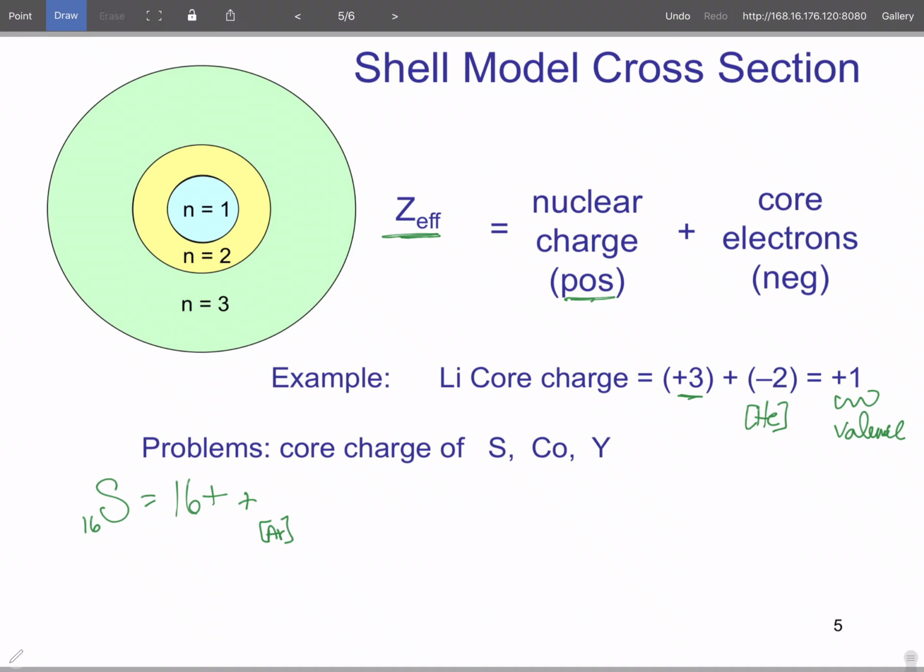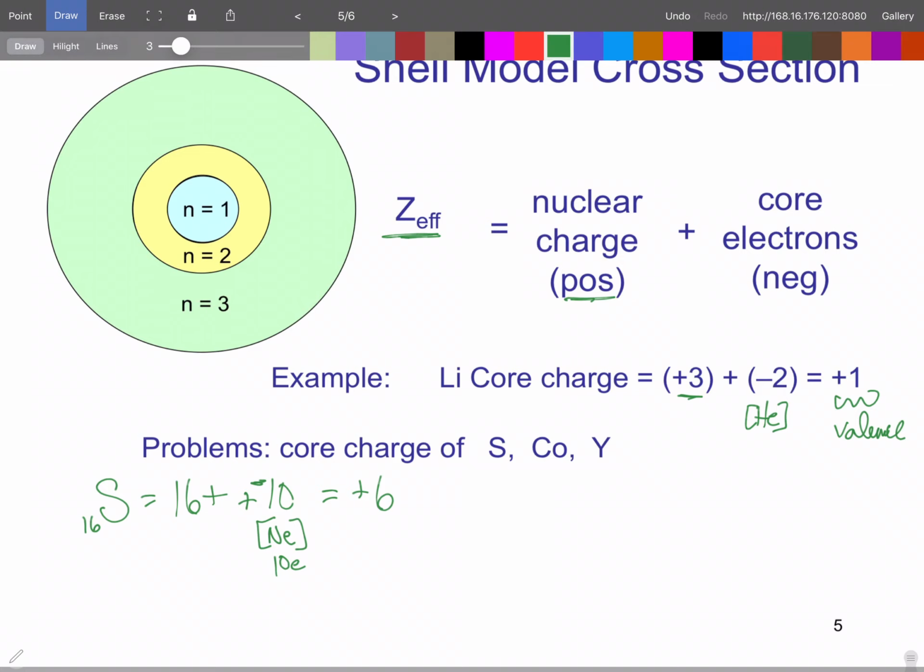No, it's neon. That's why you got to look at it again. So it's neon. So neon has 10 electrons. Whoops. So we don't put that in as 10 electrons. We put that in as a negative 10. So positive 16 plus negative 10 gives you plus 6. So basically the valence electrons only feel a 6 plus charge. They don't feel all 16 positives.